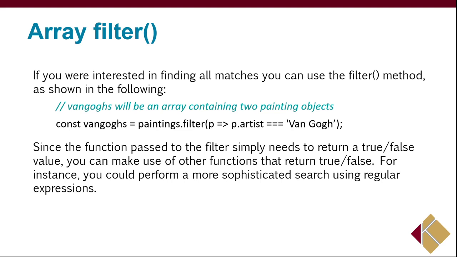It's important to remember on this one that since you are returning multiple options, it is going to return an array of objects versus just one object. For find, filter returns an array. So one versus many, find versus filter. Okay.